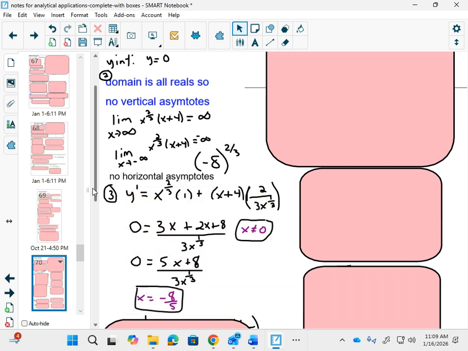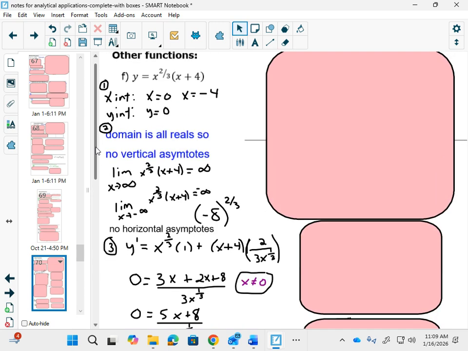So, first derivative. Do you see that it's a product rule? Keep one the same, derivative of the second. Keep the second the same, derivative of the first. So the 2/3 would come in front, subtract 1 from the exponent, and you would get a 1/3.